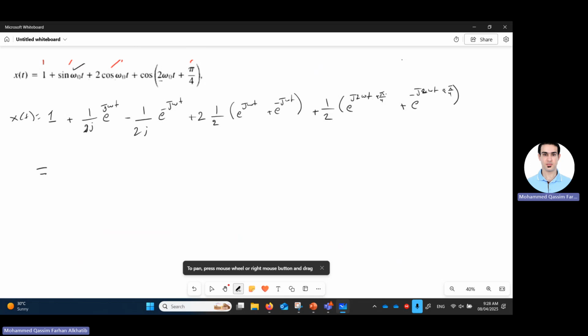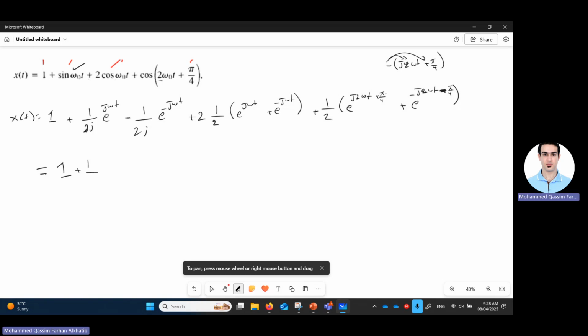No, I think this one has to be minus also, because I'm negating the whole angle, -j (2 omega t plus pi over 4), and distribute. So this one is negative. All right, so let's expand each expression. 1 remains there.